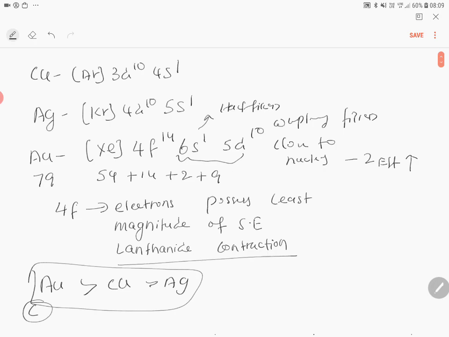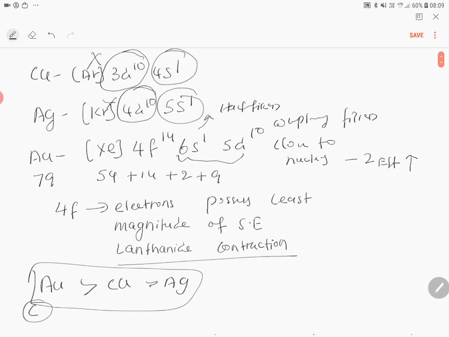Children, if you know how to write the electronic configuration, and if you know that copper has 3d10, a smaller size orbital, and silver a bigger size orbital, you cannot remove electrons easily from 3d10 or 4d10. Come to 4s and 5s. Amongst 4s and 5s, which is the smaller orbital? 4s.